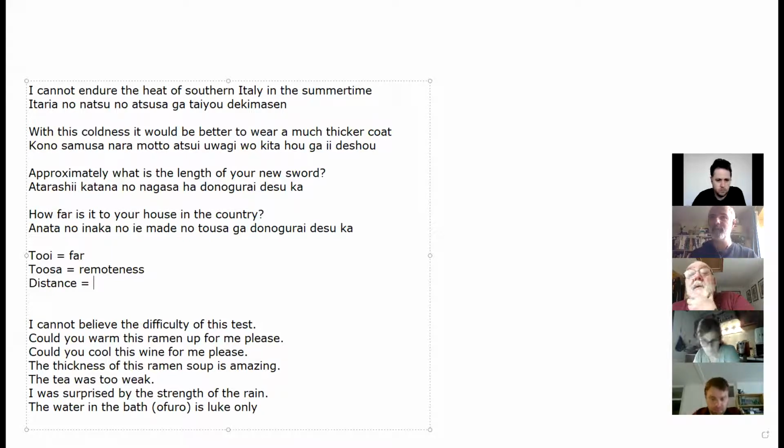Kyori. Couldn't you use ku in this? Toku means further. Right, it's the adverb.